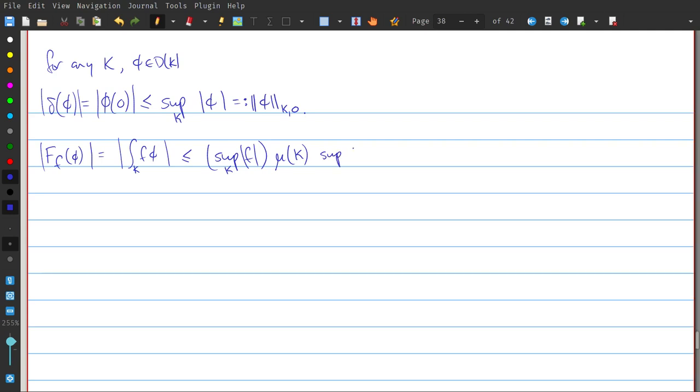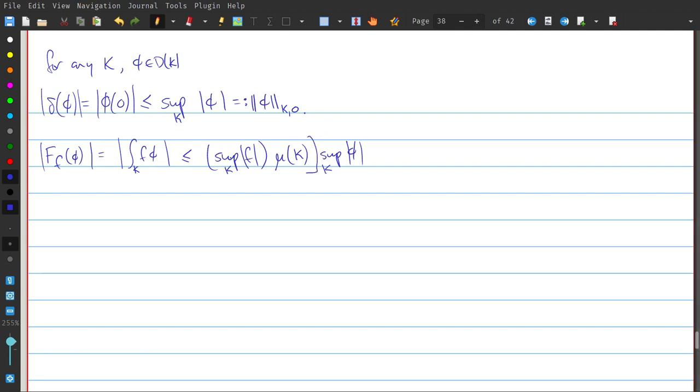multiplied by the supremum of phi over K. You approximate both of these functions from above by their supremums, and then you have an integral over K, which is the measure of K, and because it's a compact set, in particular a bounded set, this is a finite measure.